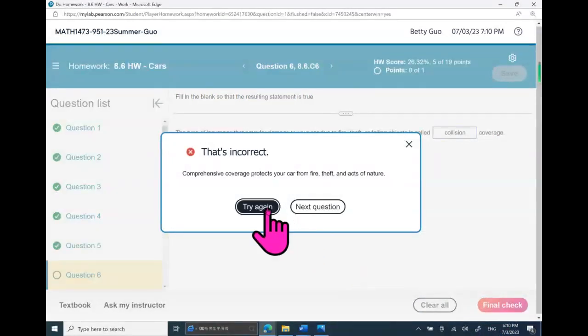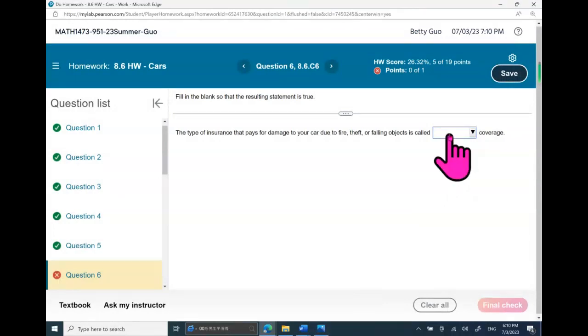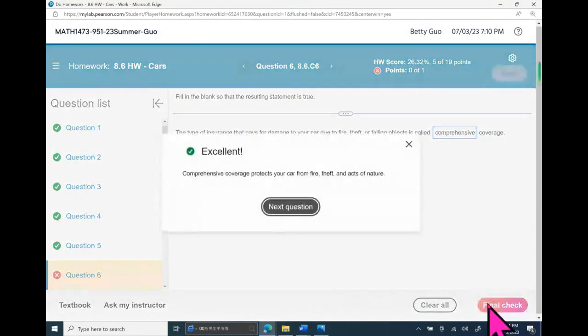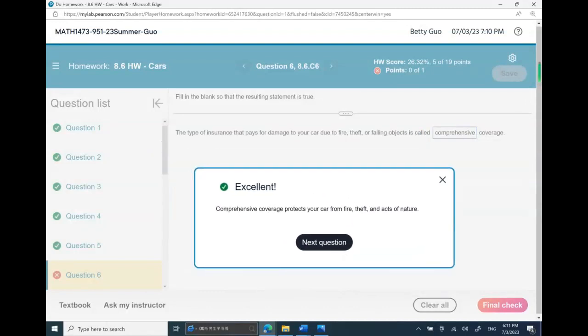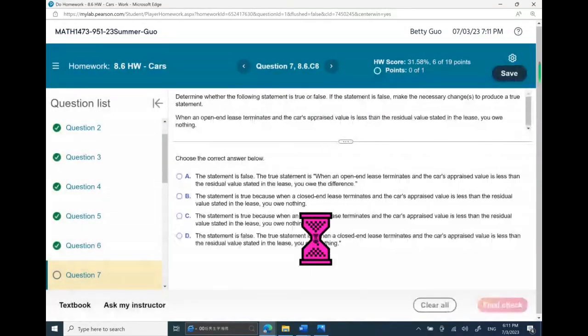Oops. Try again. Then that would be comprehensive, right? Let's see. Comprehensive. Yeah, not liability. Liability is to pay for the other party's car. And this is called comprehensive coverage. Comprehensive. Okay. Next.